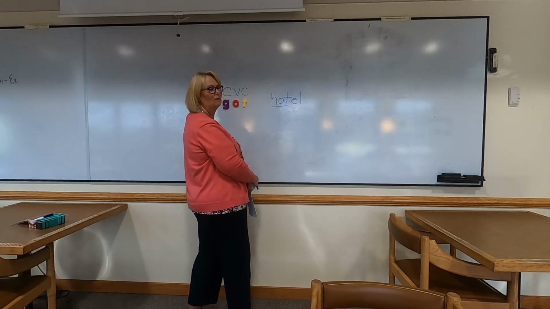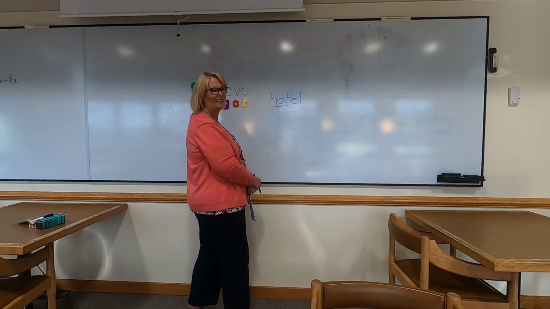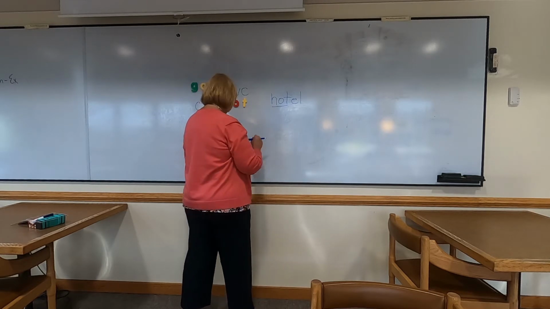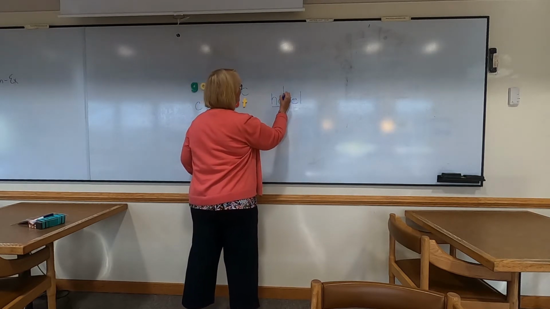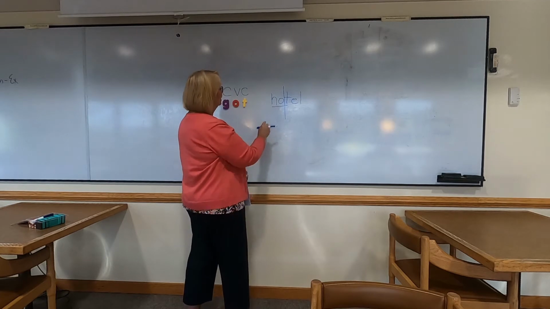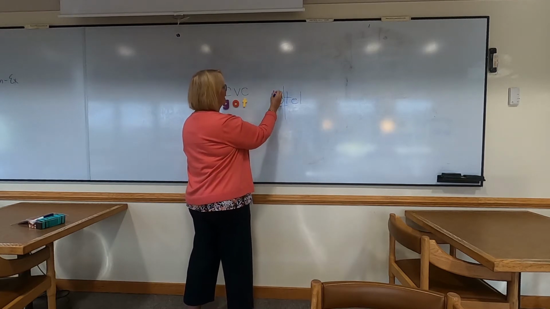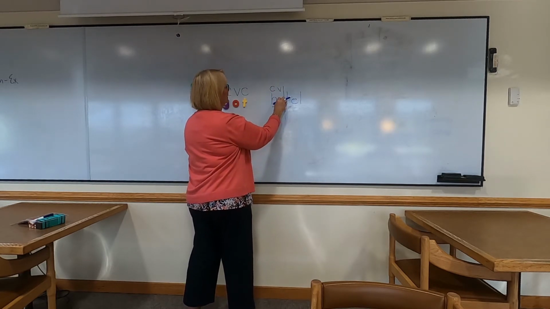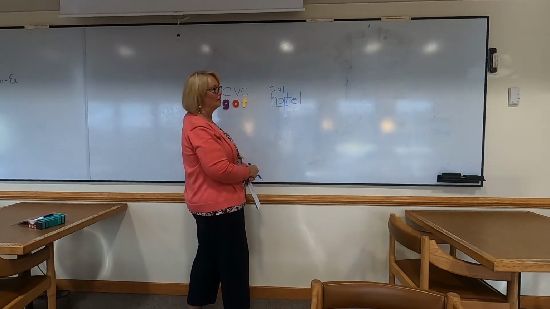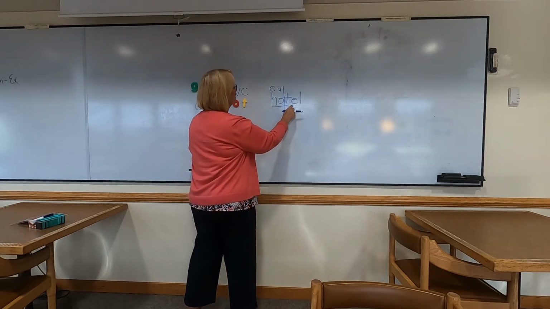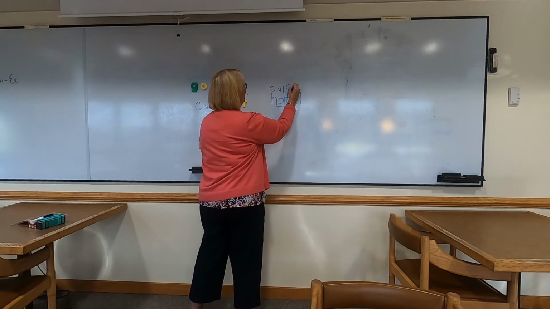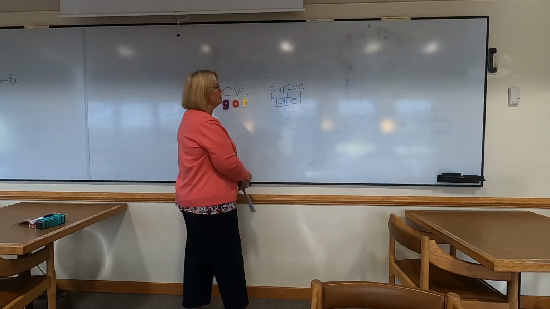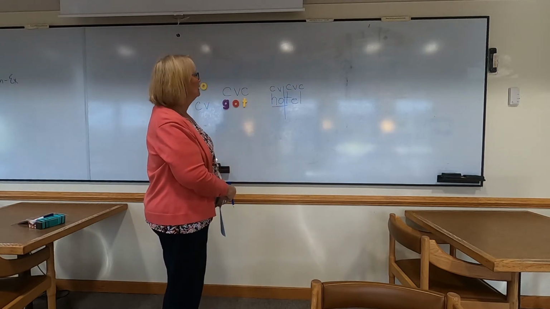Hot-el. I don't know any words that say hot-el. So it must be, I have to divide it right here. O, consonant vowel. That vowel says its name. Ho-tel. Hotel. I know what a hotel is. Yeah, hotel.